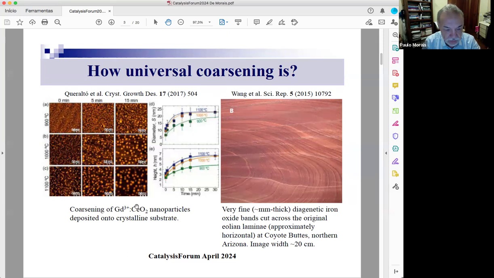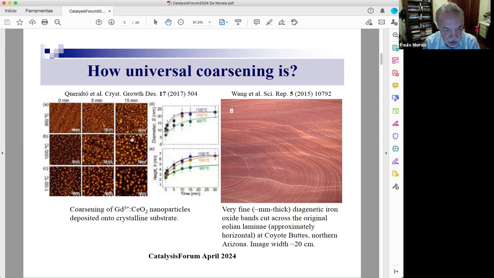This material is in contact with a water-based solution, and we can see how the size of the nanoparticles grows as a function of time.